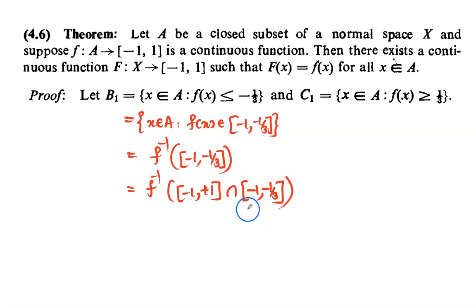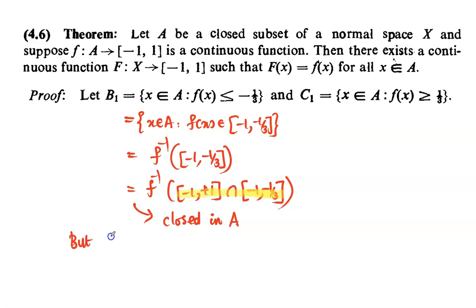So this is in fact the intersection of a closed subset in R and the subspace [-1, 1]. So this intersection will be a closed subset of the subspace [-1, 1]. We have expressed B1 as the inverse image of a closed subset of the codomain of f. Hence, this B1 will be closed in A.